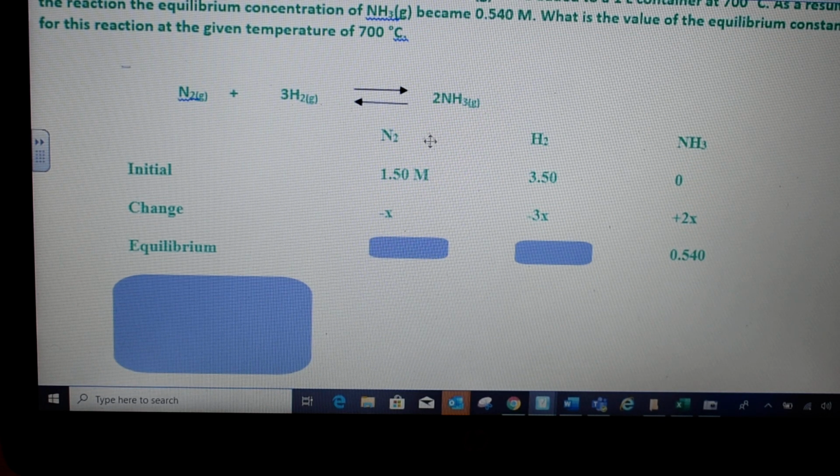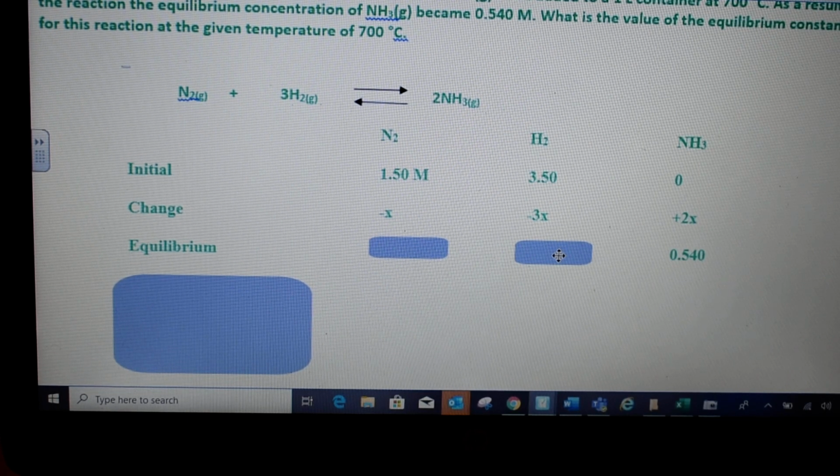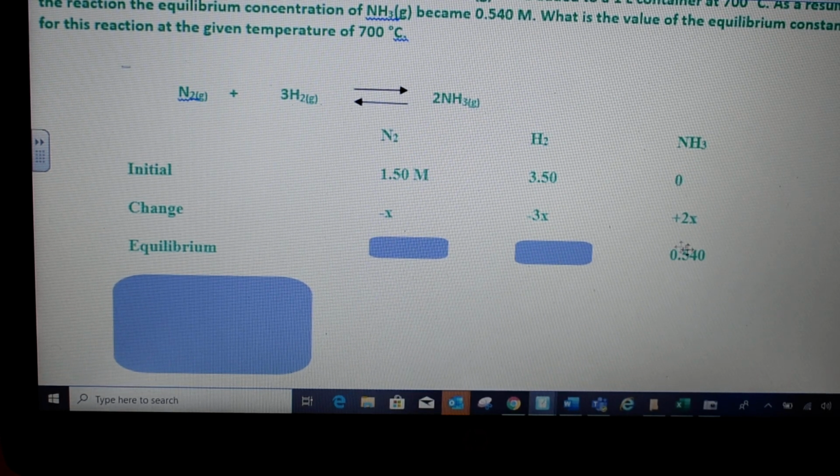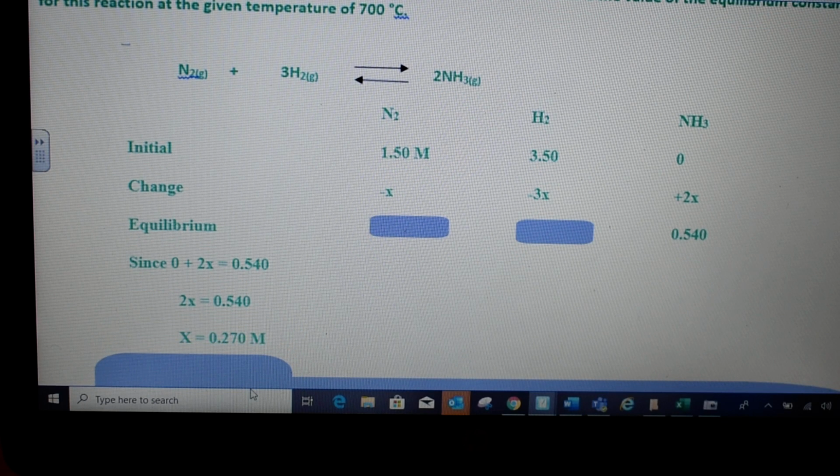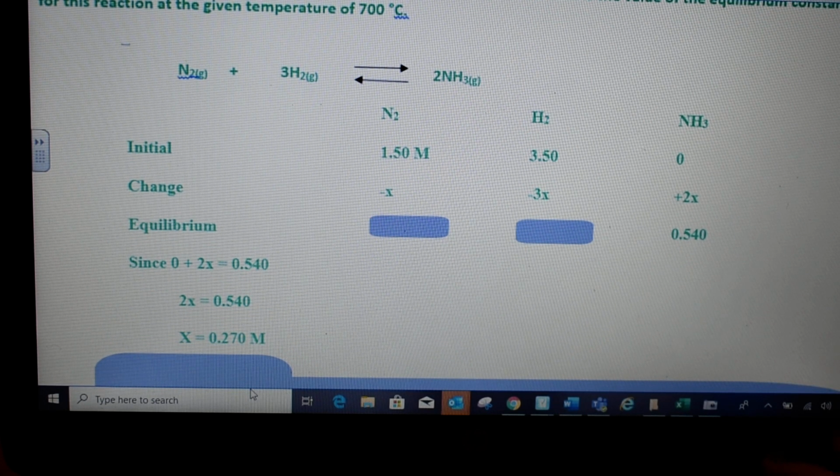Okay, now to solve for the equilibrium, I'm hoping you can see over here, we start with 0, we add 2x, and we end up with 0.54. So 0 plus 2x equals 0.54. Can we rearrange that to solve for x? Yes, we can. We have 2x equals 0.54, so therefore the value of x must be 0.27.